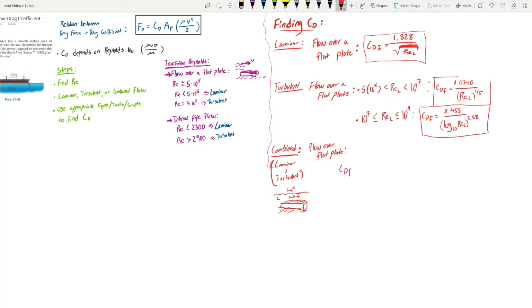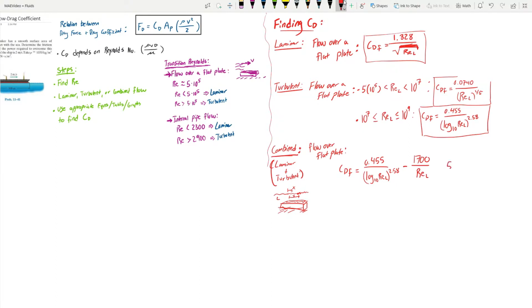The drag coefficient is 0.455 over log base 10 of the Reynolds number based on length, to 2.58, all of that minus 1700 divided by the Reynolds number based on length.